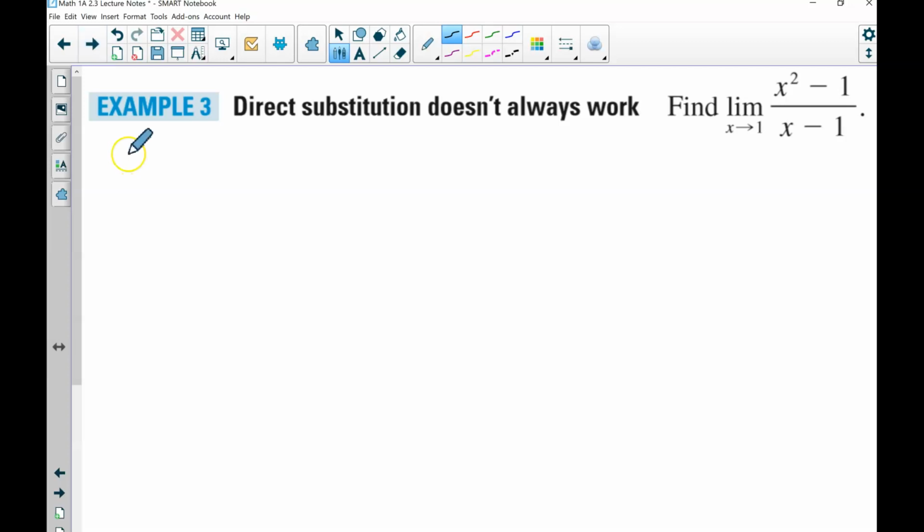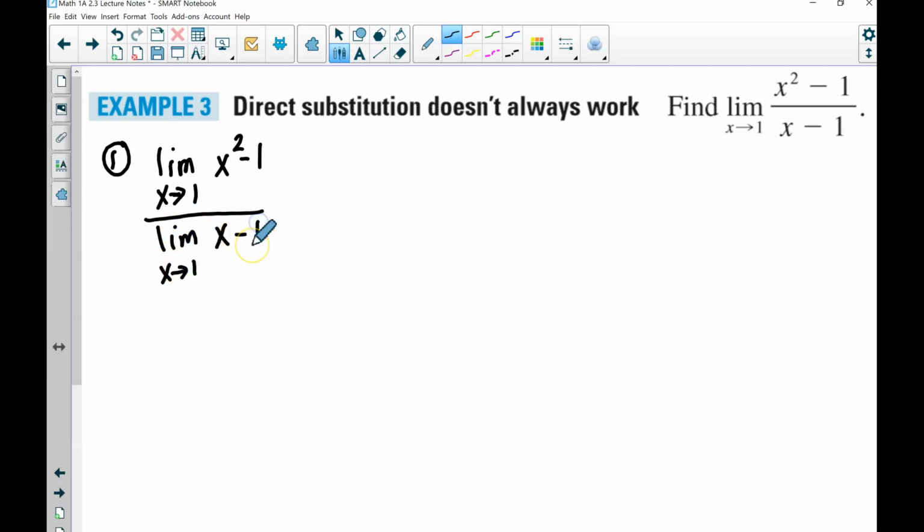So let's separate this by using the limit as x approaches 1 of x squared minus 1 divided by the limit as x approaches 1 of x minus 1.